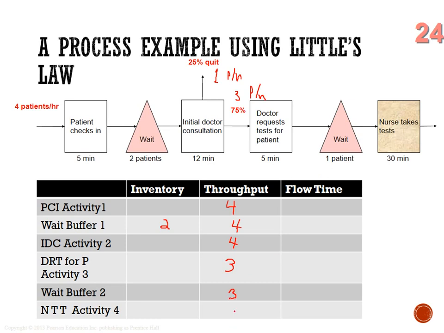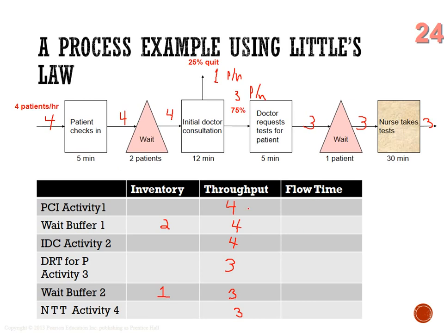And then also here. If you've got your own diagram, on these arrows, you want to put what your throughput is. Then I'm going to start with my buffers, and I know that I have 2 patients in inventory at this buffer, and I have 1 patient in inventory at this buffer, right?